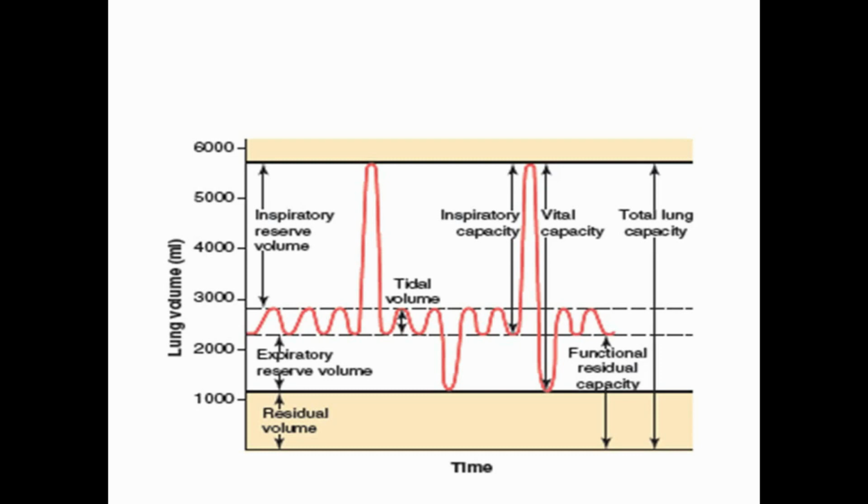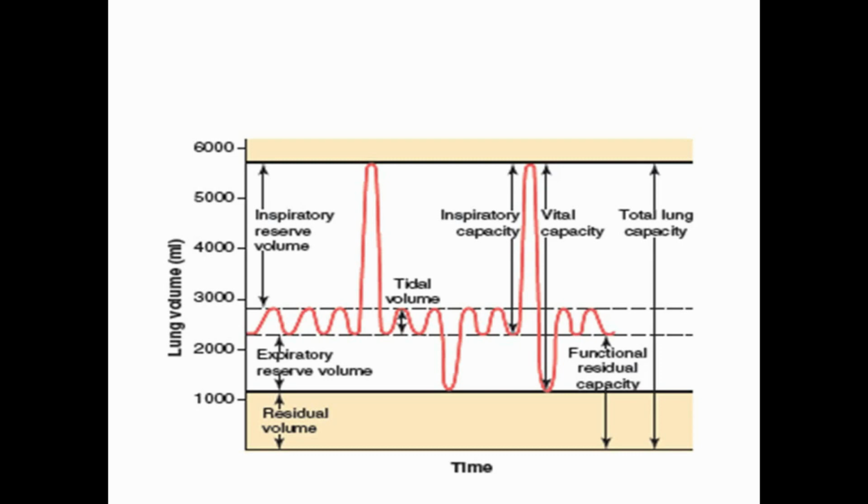Now, what is this expiratory reserve volume? It's again just the reverse of the inspiratory reserve volume. In the tidal volume, the amount of air that we take into the lungs or exhale from the lungs during quiet breathing is the tidal volume, right?